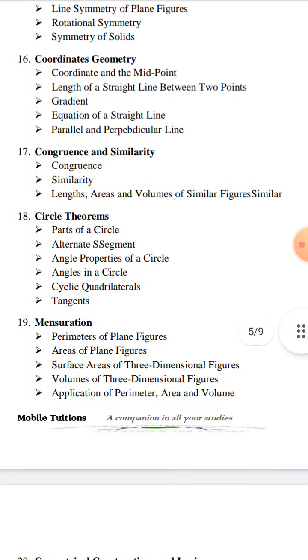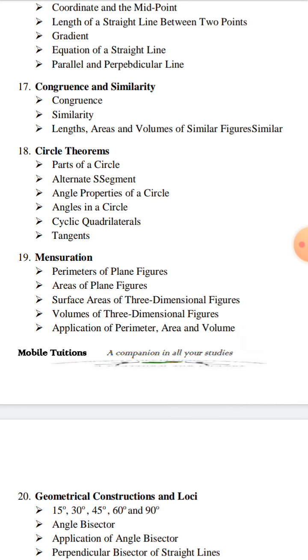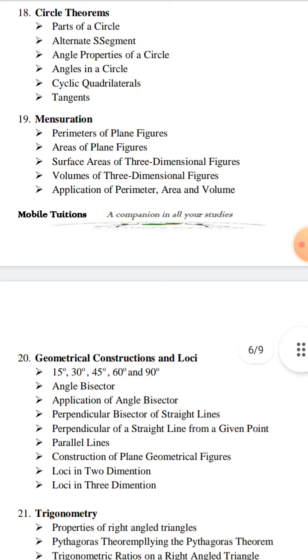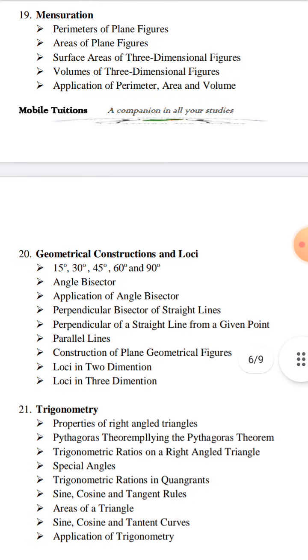Then topic 18 looks at circle theorems, where we have a lot of parts to discuss for us to complete such a section. In topic 19, we look at mensuration. Topic 20 looks at geometrical construction and loci.